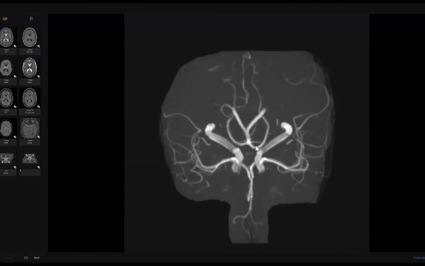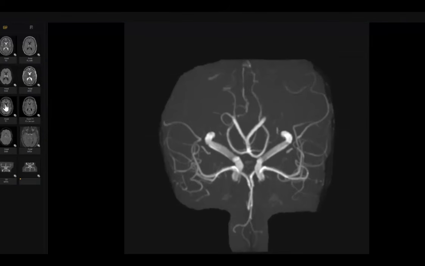But in some cases, both sides are fused in a single trunk. This is the PCA, this is the PCA. Each one should supply the thalamus directly. Sometimes both of them give one trunk called the artery of Percheron. When it is occluded, it gives this sign.